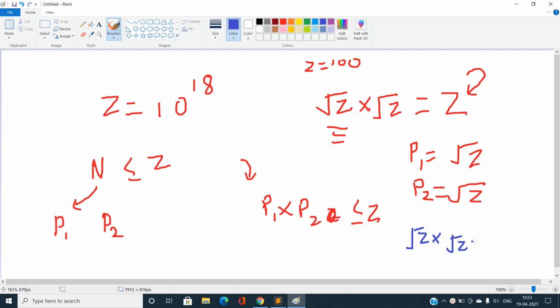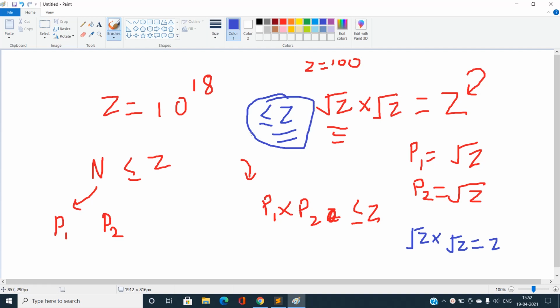And if we multiply two consecutive prime numbers which are closer to root z, there are more chances of getting a number exactly equal to this, at most this z value, sorry.